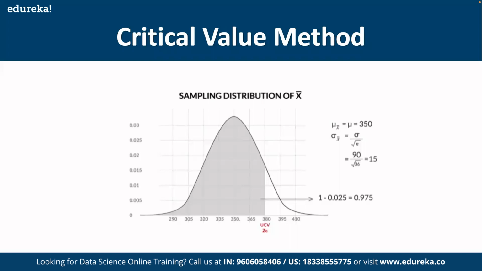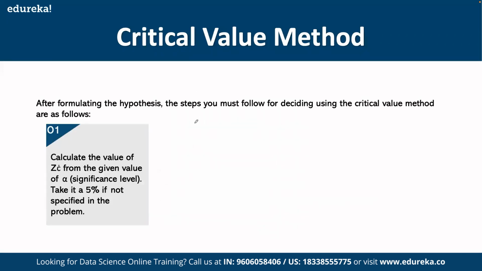Now, once we formulate the hypothesis, the steps that we generally take using this critical value method are as follows. First, we calculate the value of Z from the given data set at a specific significance level, alpha, which can be 5%.